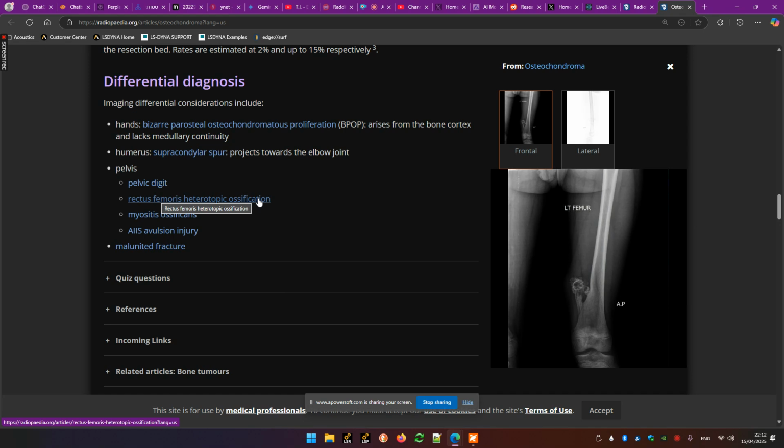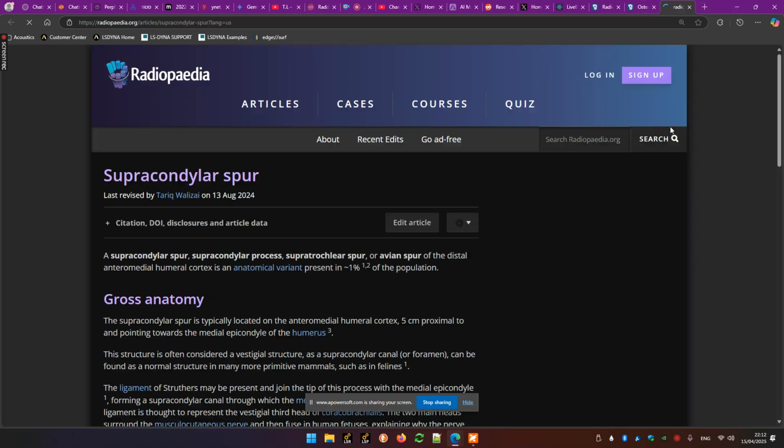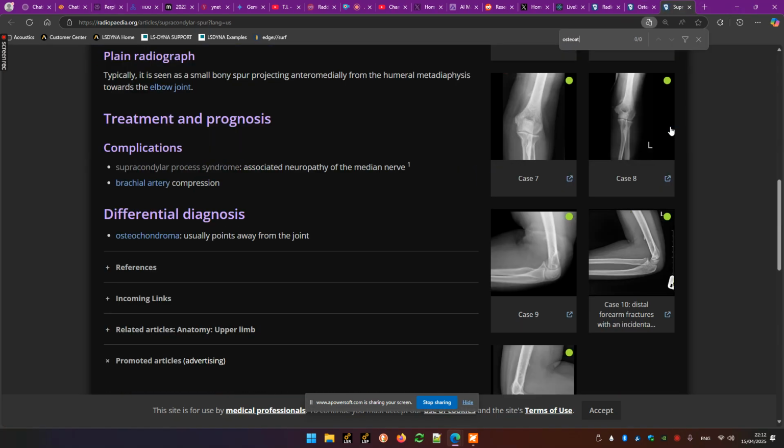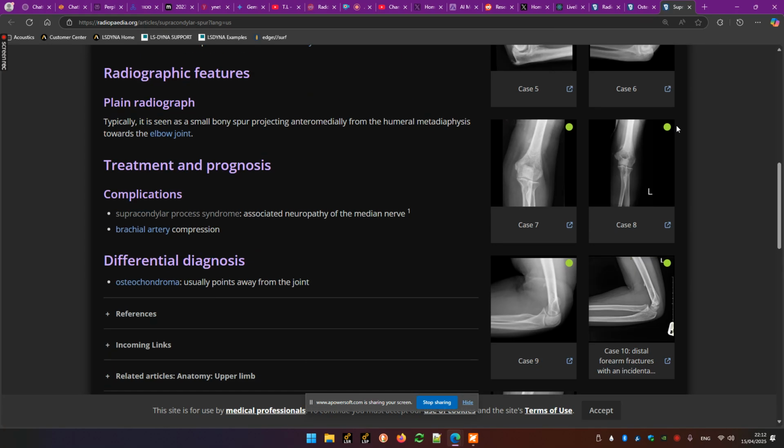So again, radiopaque lesions in the rectus femoris. Humerus supracondylar spur projects toward the elbow joint. So the spur is toward the elbow joint. I don't know, maybe osteoarthritis.